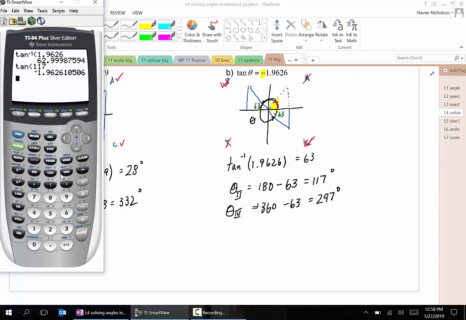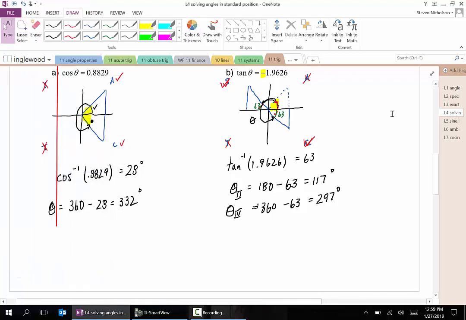There you go. What's the tangent of 297? There we go. So look what we did on both of these examples. We used our reference angle and our reference triangle to locate angles, and we also used this acronym, All Students Take Calc, in order to locate which quadrant the angles might occur.